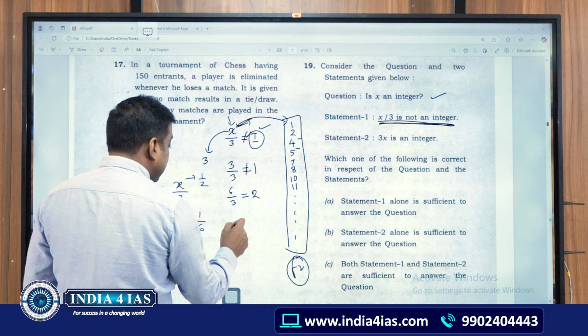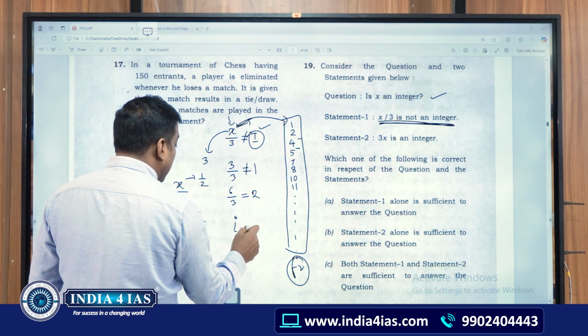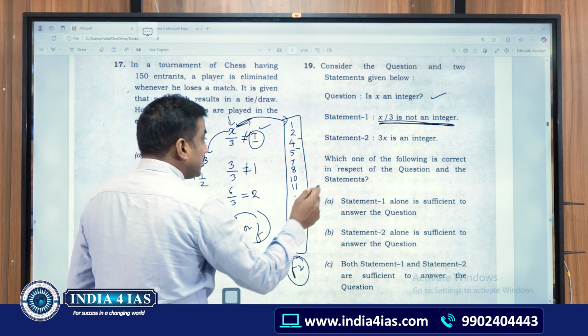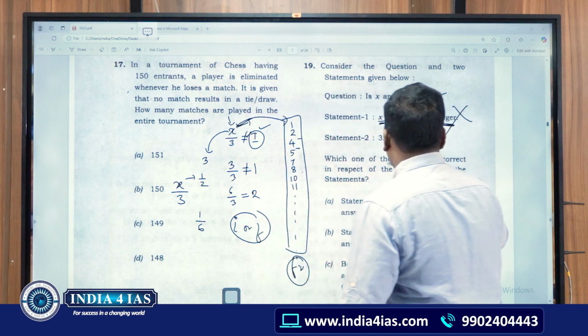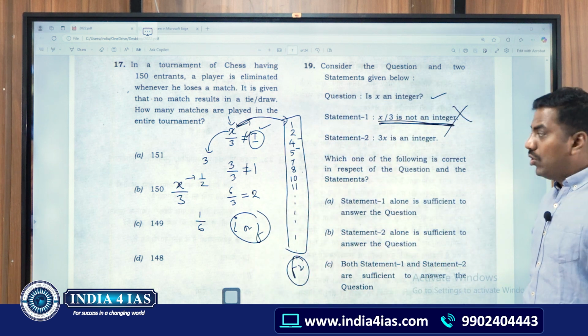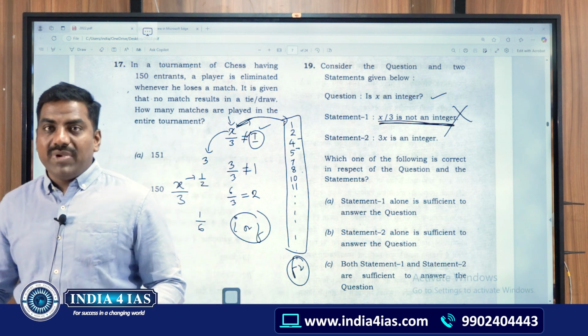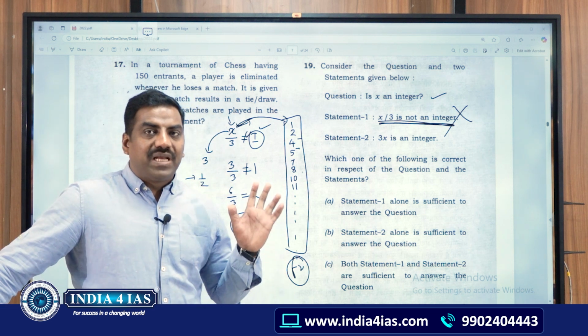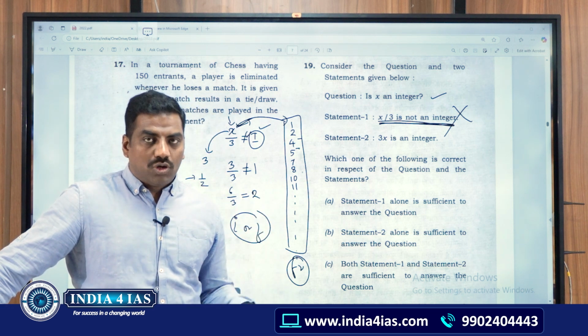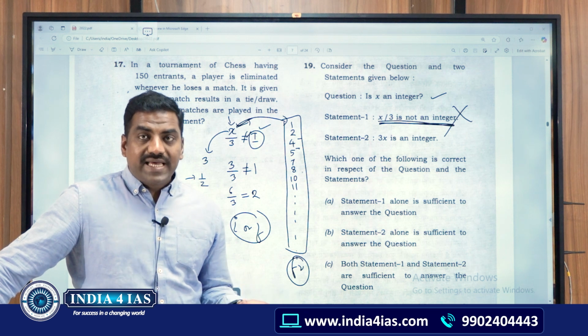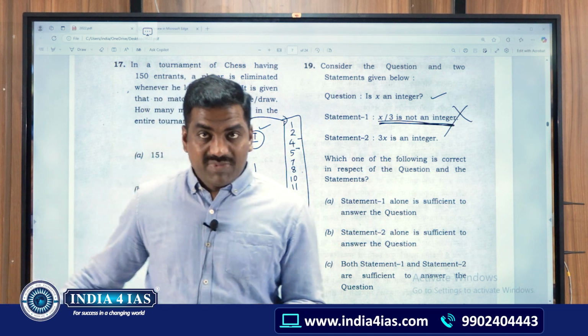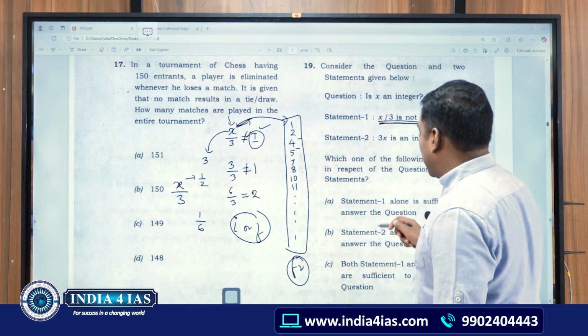So in this case, x is both an integer or a fraction. So statement 1 alone, I cannot answer anything. Here x can be any number except a multiple of 3, and x can be a fraction also. In that case, can you say x is an integer? No, it can be a fraction also. Now, next statement.